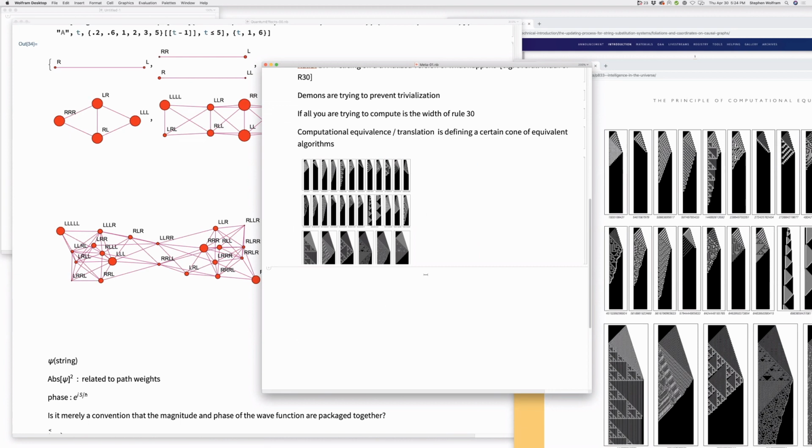And then a black hole there is something where, let's see, one definition of it is just this thing where there are incoming edges and no outgoing edges.